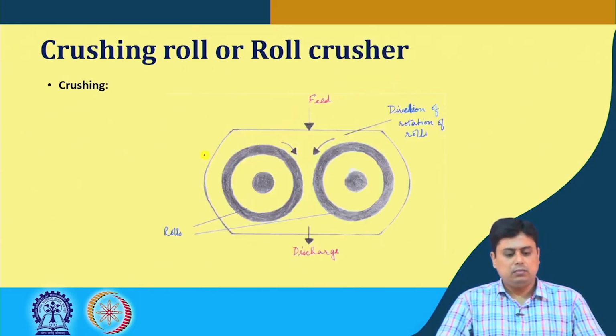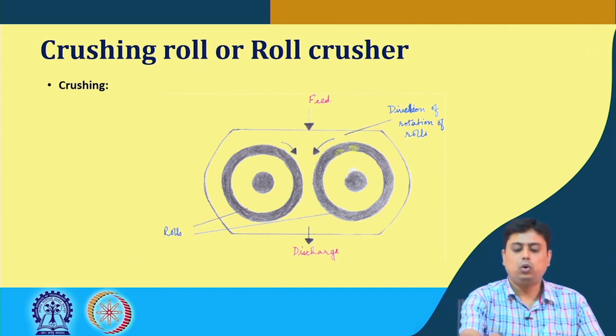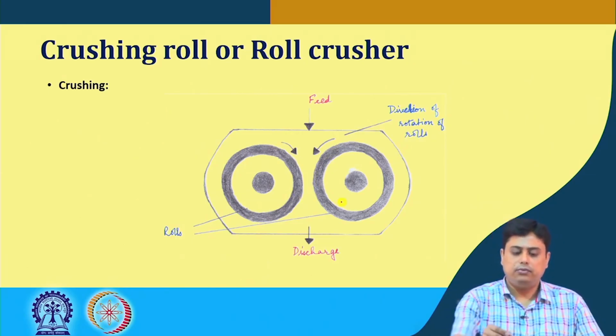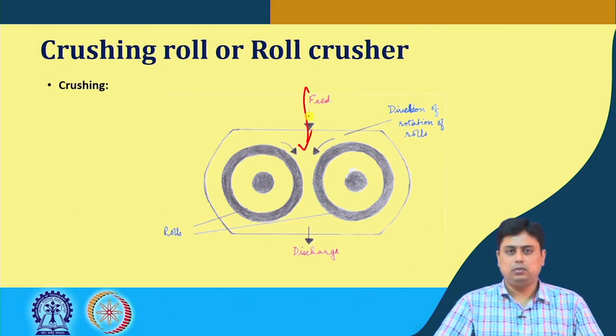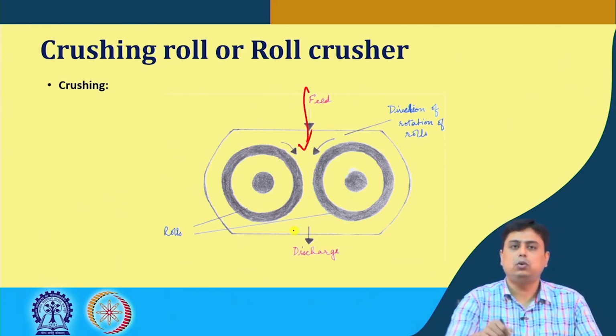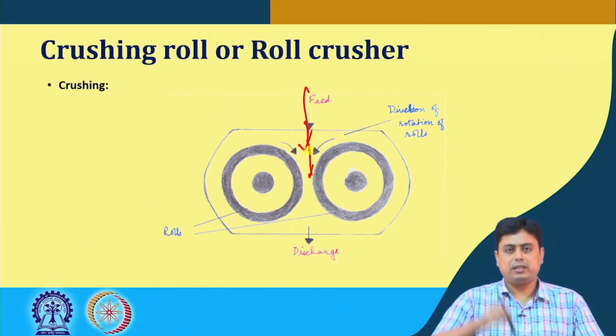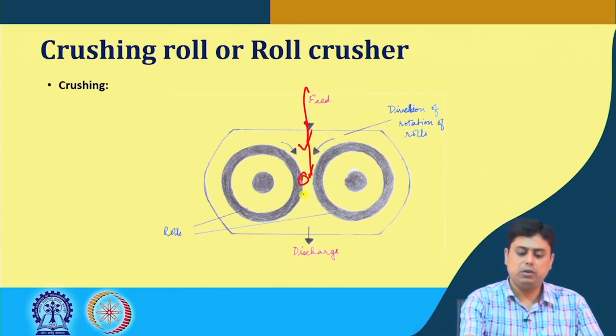The other equipment with just the crushing, we can say, is the crushing roll or the roll crusher, which is very popular. So here, there are two rolls that move in the opposite direction. Feed comes in from the top, and due to this opposite motion of both the rolls side by side, it takes the solid, it attracts them towards this gap where it is crushed between the two surfaces.